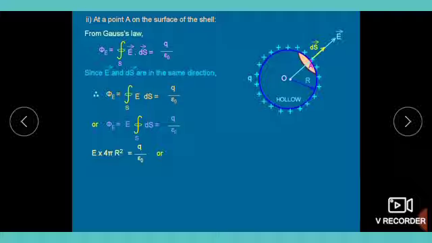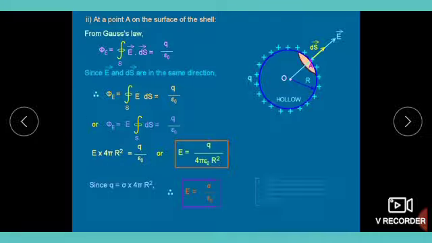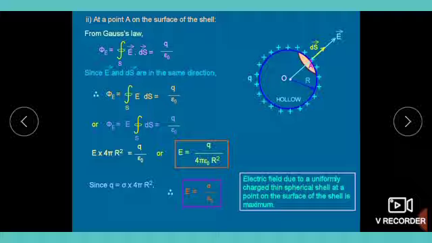In the previous case the point P was outside; now the point lies on the surface. This is the only difference. By the usual method we get the expression E is equal to q by 4 pi epsilon naught into 1 by r square.